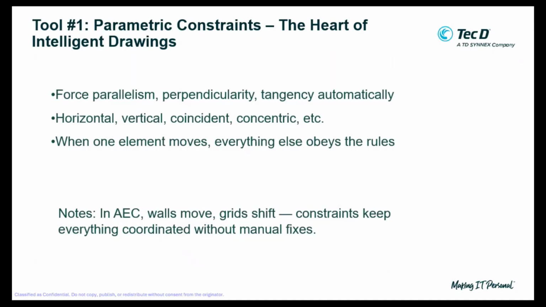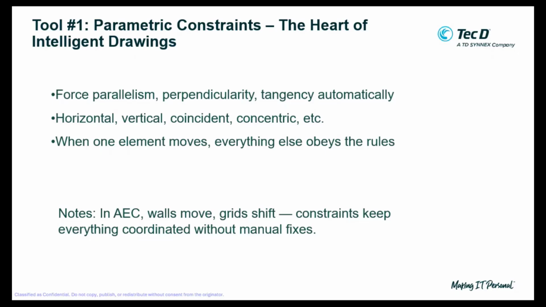So tool number 1 is parametric constraint, the heart of intelligent drawings. It enforces parallelism, perpendicularity, tangency automatically: horizontal, vertical, coincident, concentric, etc. When one element moves, everything else obeys the rules.